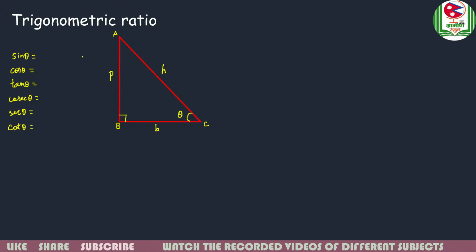So what will be the value? As we know, sine theta is p by h. P by h means here perpendicular is AB by hypotenuse, here AC. Okay, cos theta is base by hypotenuse.